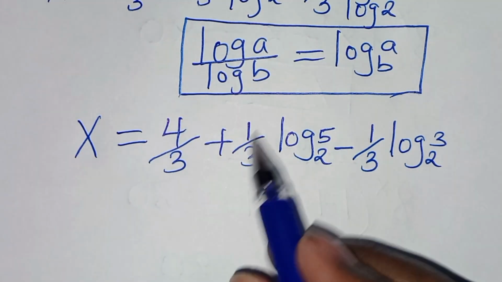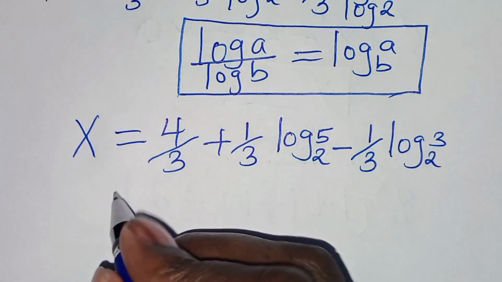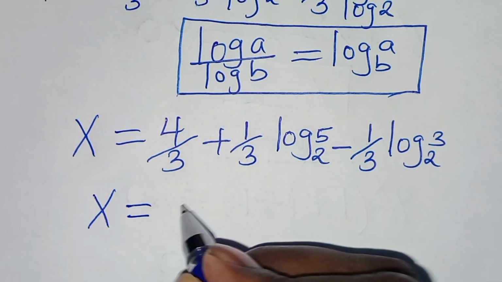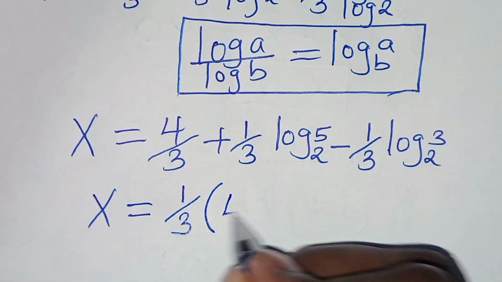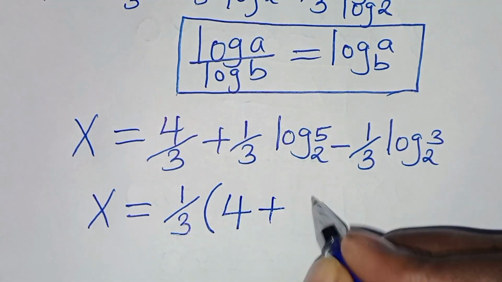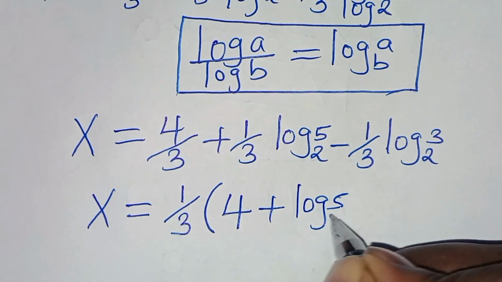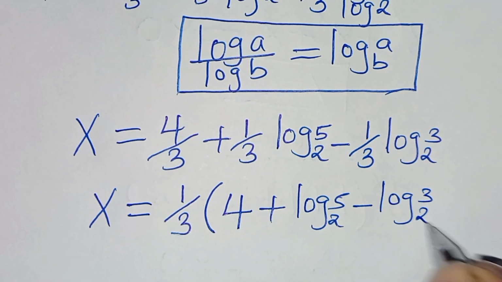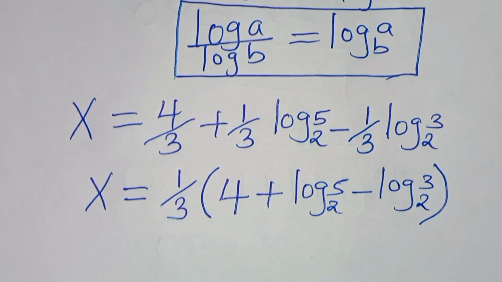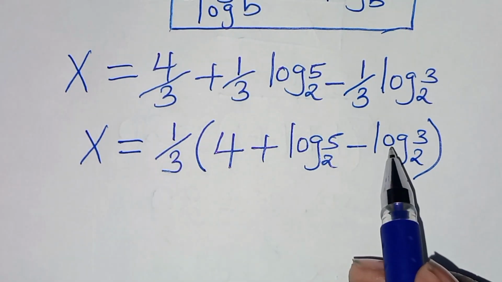But since a third is common here, we can factor out a third so that x is equal to a third into the parentheses: 4 plus log 5 to base 2, then subtract log 3 to base 2. Now this is the value of x.